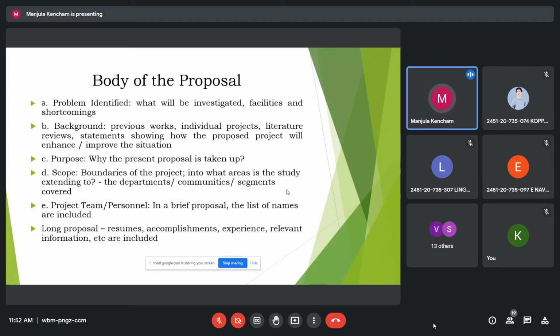Body of the proposal. It has at least some 5 to 6 parts. What is the problem identified?